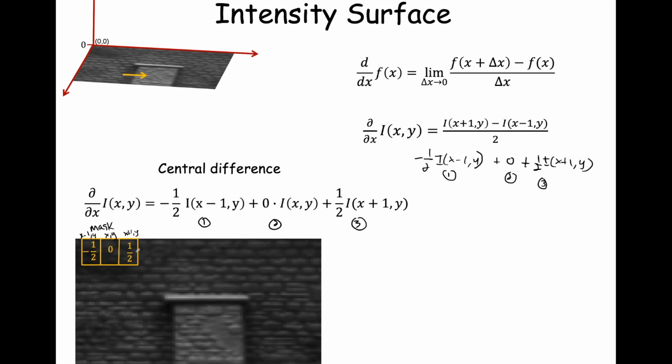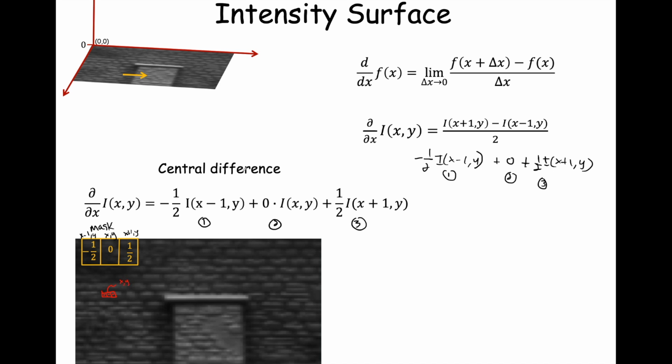So if I take this mask and I pick it up and I put it over the image such that the center is at position xy, all I do is I take minus 1/2, multiply it by the intensity surface in the first position, add it to 0 times the intensity surface of the center position, add it to 1/2 times the intensity surface for the right-hand position in that 3 array.